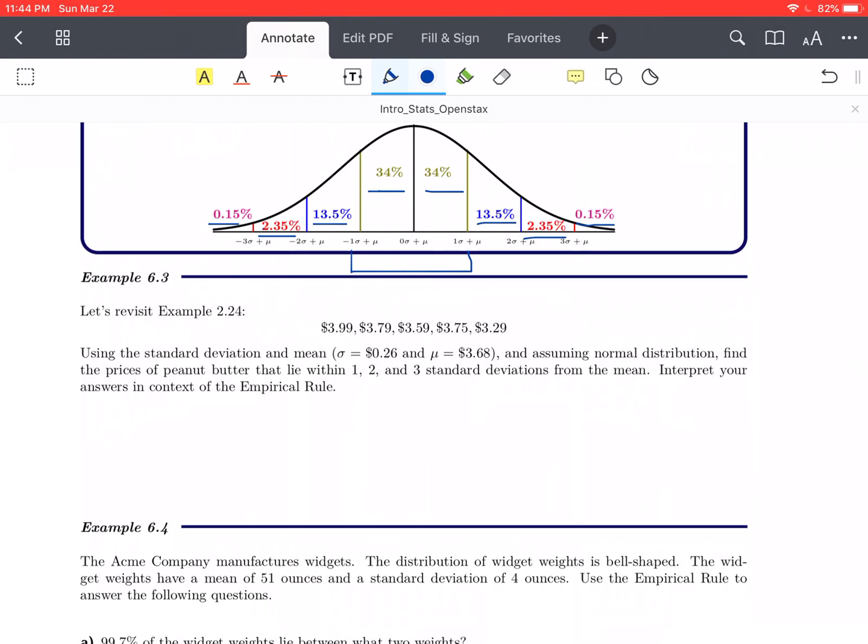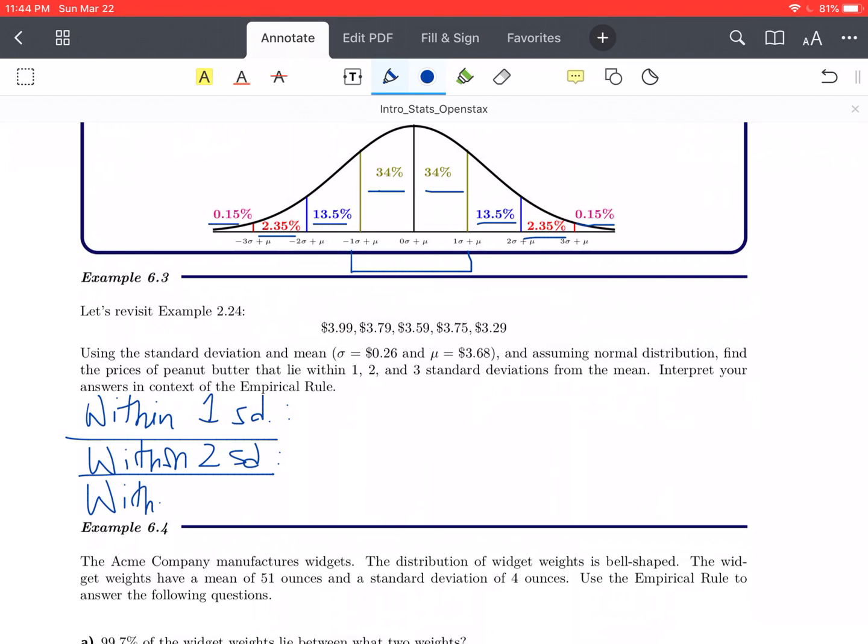So we're looking for all of the data that lies within 1 standard deviation, within 2 standard deviations, and within 3 standard deviations.